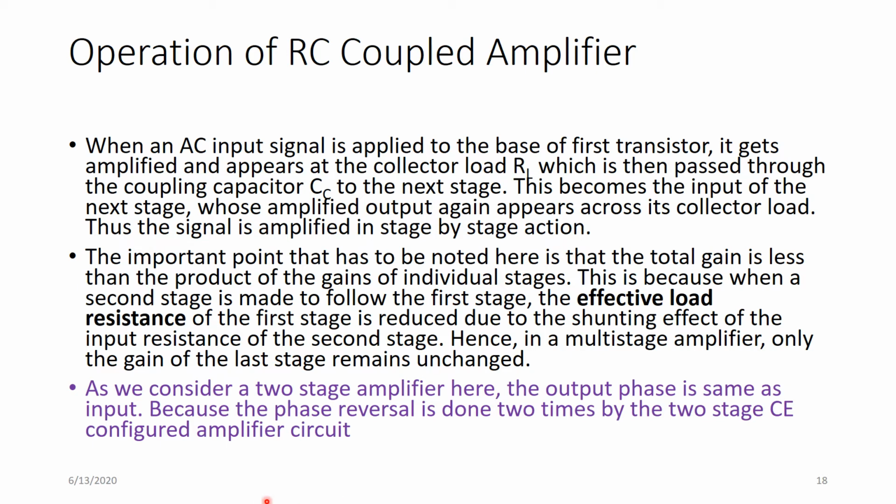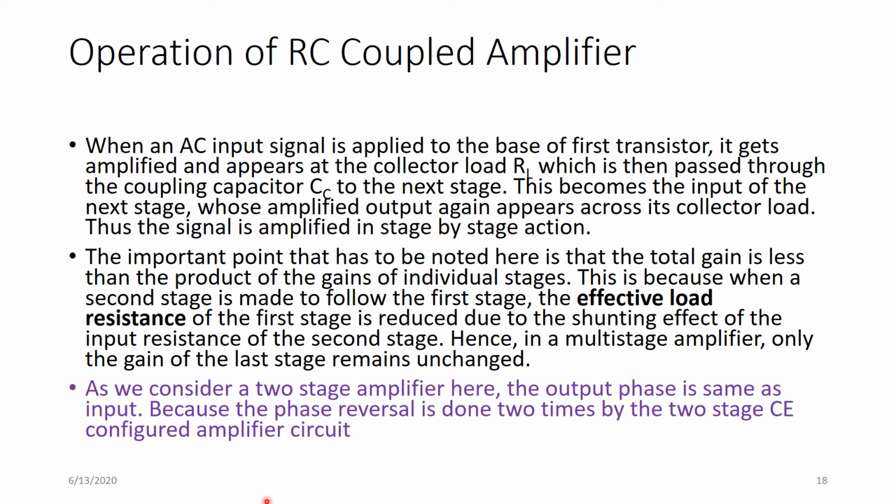The important point to be observed here is that the total gain is less than the product of the gains of the individual stages. This is because the second stage is made to follow the first stage. The effective load resistance of the first stage is reduced due to the shunting effect of the input resistance of the second stage.